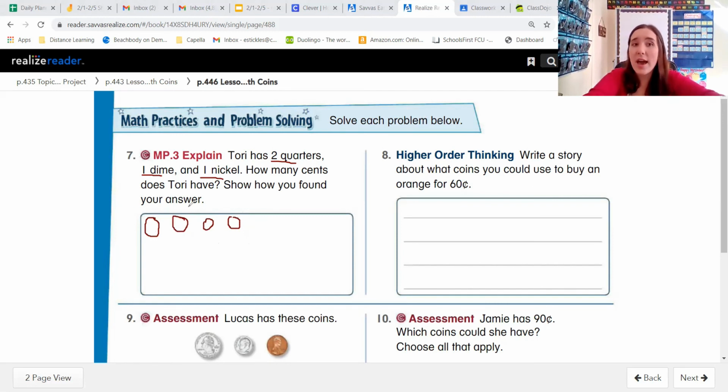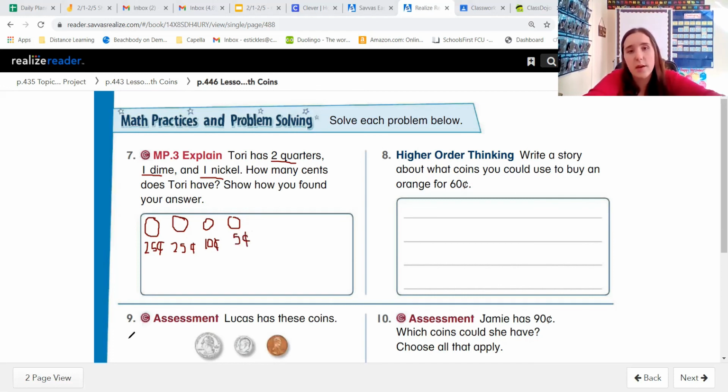Okay, I have 2 quarters drawn, and those are worth 25 cents. So 25 cents, 25 cents. A dime, which is worth 10 cents, and a nickel, which is worth 5 cents.